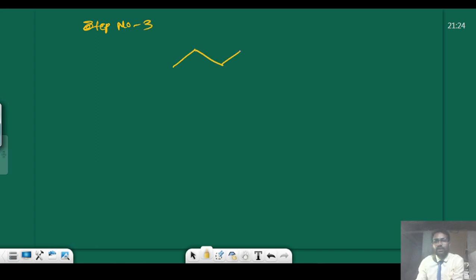So we have generated this particular compound, OEt, R, C double bond O, OEt. Now what we need to do, we have two possibilities. Let us discuss pathway number 1, that is neutral decarboxylation.